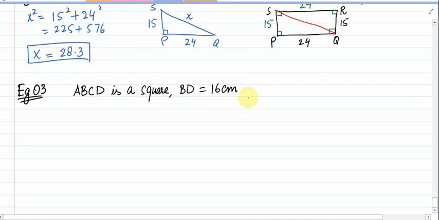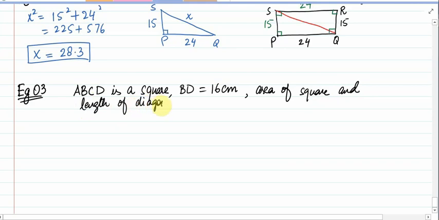We need to find the area of the square and the length of the diagonal. At this point I need you to stop the video and solve the question by yourself.